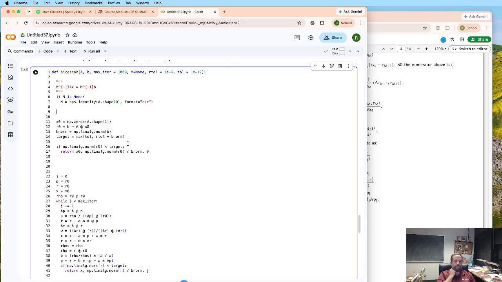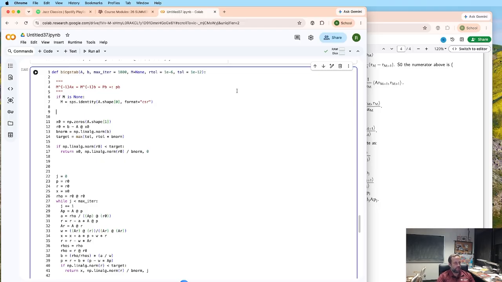Okay, so there are several considerations that we have to make here. Now, the right hand side is M inverse B. I like to use the letter P to denote the inverse. So I'm going to call this PB, P times B, which is M inverse B. So why does that matter? Well, again, I'm applying BiCGSTAB to this system.